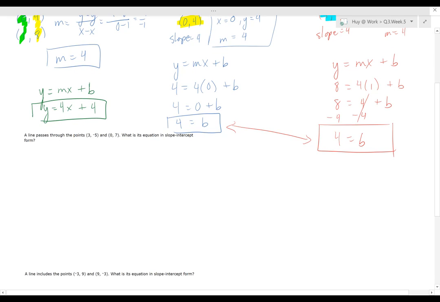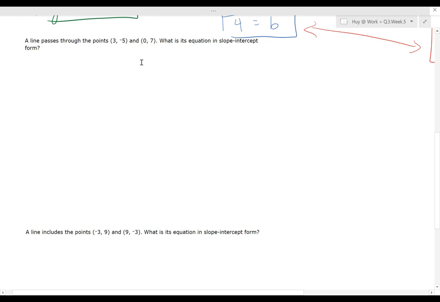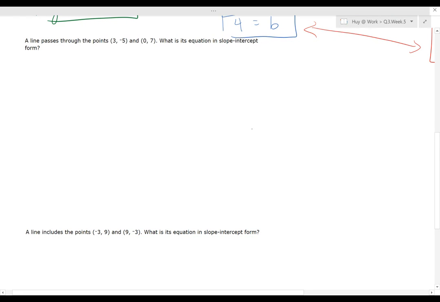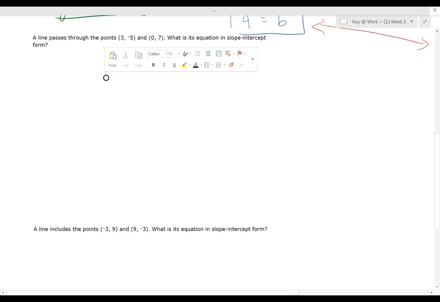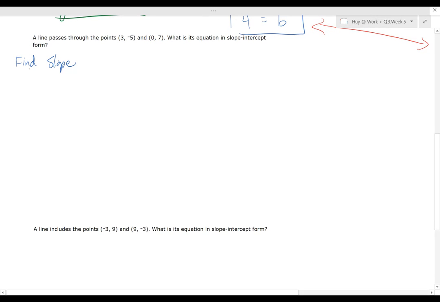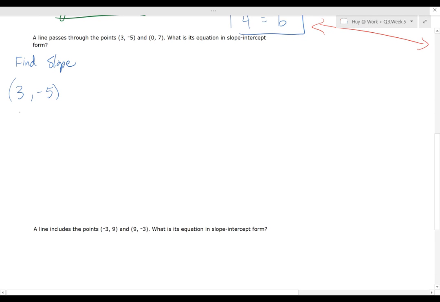So let's look at another example here. We have a line that passes through the points 3, -5, and 0, 7. So let's find the slope. Our points are 3, -5, 0, and 7.